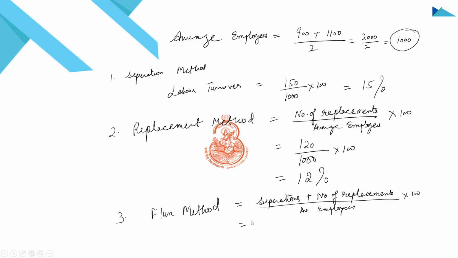As given in the question, the separations were 150 and the replacements were 120, average is 1000. So, we got 270 as a total divided by 1000 multiplied by 100. So, as per the flux method, our labor turnover is going to be 27%.